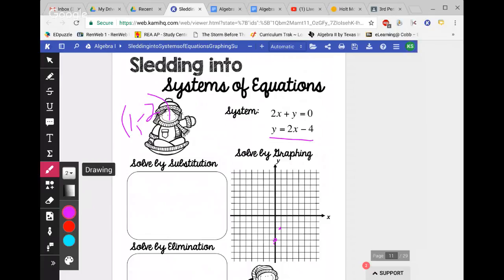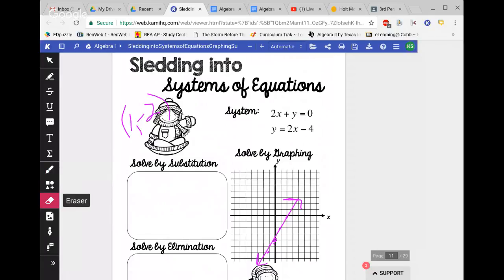Down 2, left 1. So that's going to be that line.